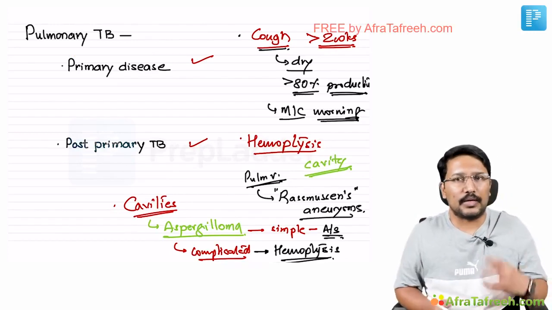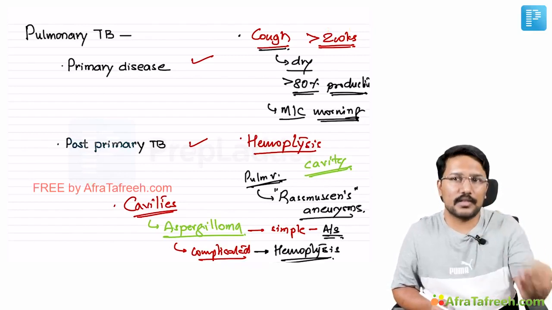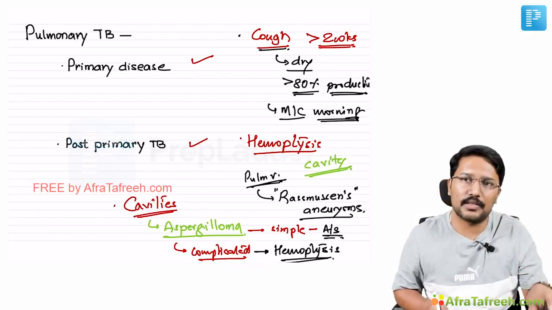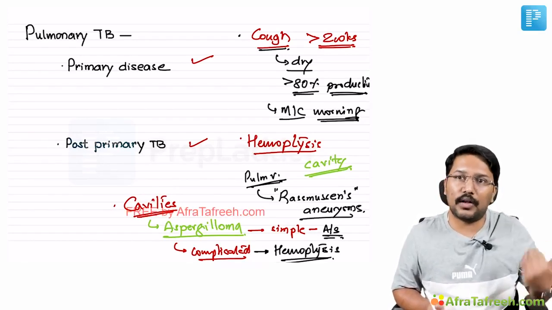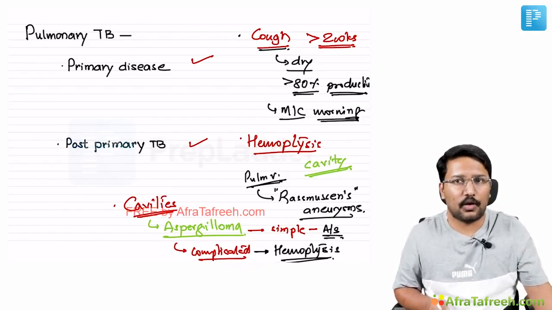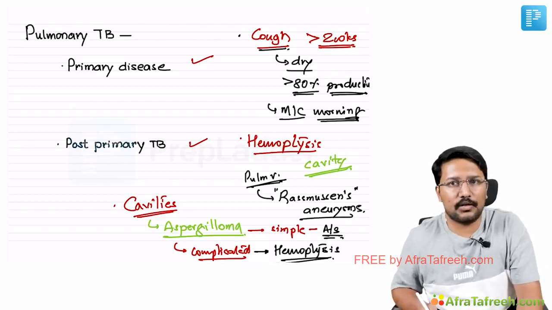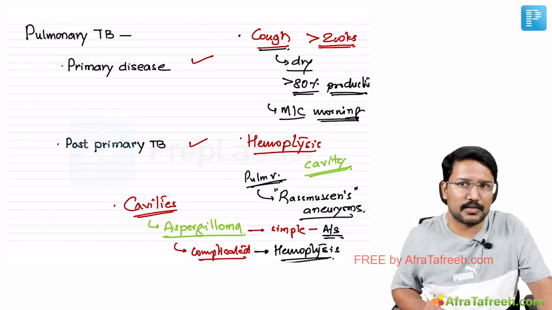So if at all you incidentally detect an aspergilloma in someone, it is just that in the near future the patient might present with hemoptysis. Right now you have caught him before there is obvious evidence of angioinvasion. Most of these patients come to light because they start developing hemoptysis, not because you randomly screened people with imaging. So if there is a question asking what is the most common presentation of aspergilloma as such, I would still prefer to go with hemoptysis as the right answer.